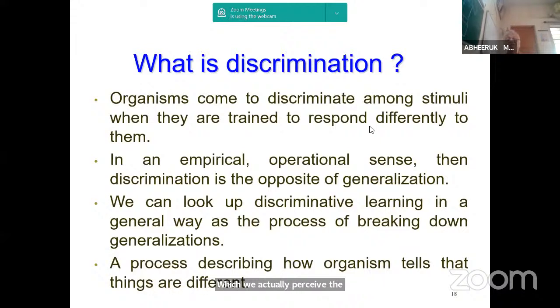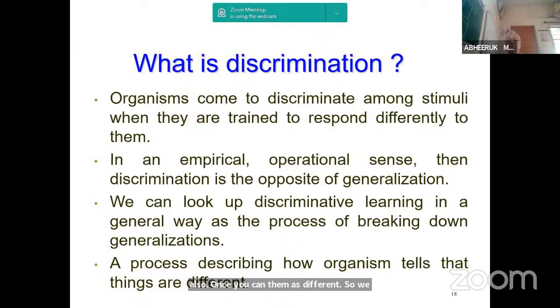So organisms come to discriminate among stimuli when they are trained to respond differently to them. In an empirical, operational sense, discrimination is the opposite of generalization. In generalization, two apparently different things you put into the same group. But here, two things which are apparently different, you also consider as different.